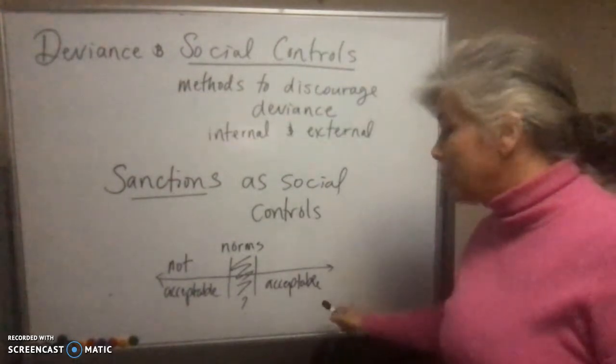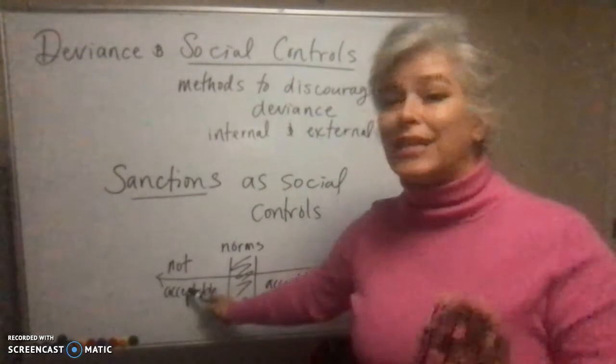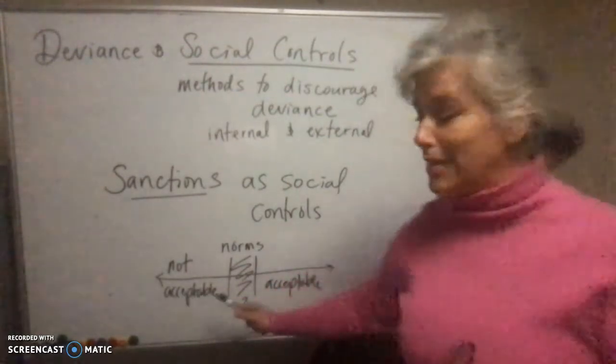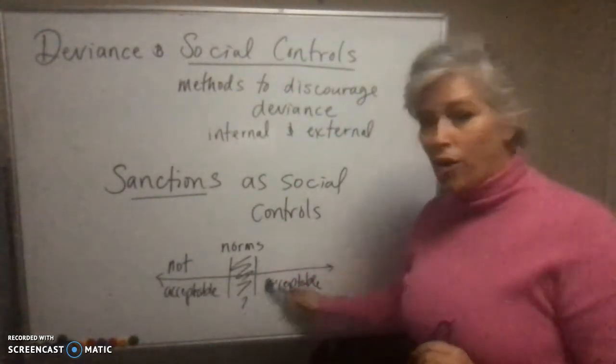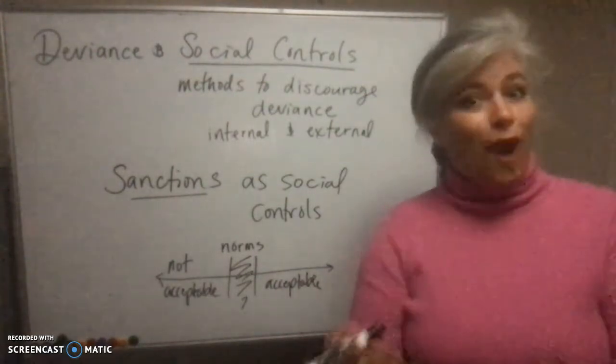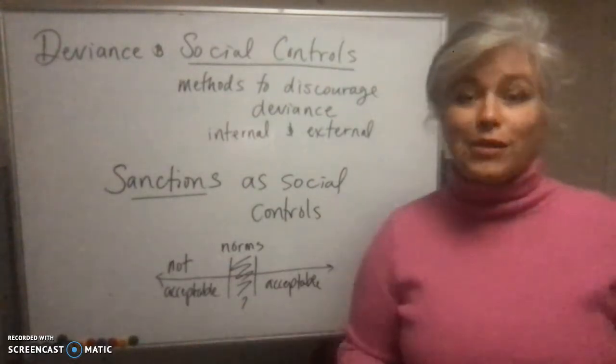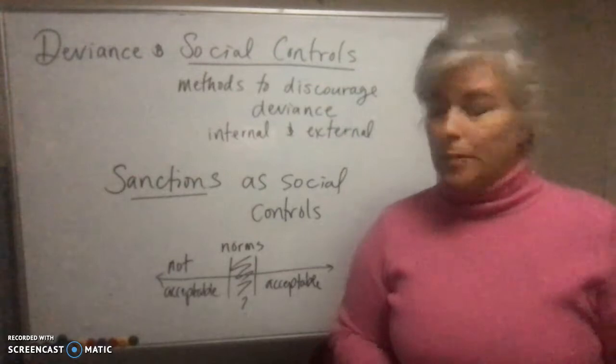There are rules about what is acceptable in society, and there are rules about what is clearly not acceptable in society, but there's always a gray area because there are behaviors in society that might not have been tried yet, and so we don't really know until somebody tries it whether it's going to be okay or not.